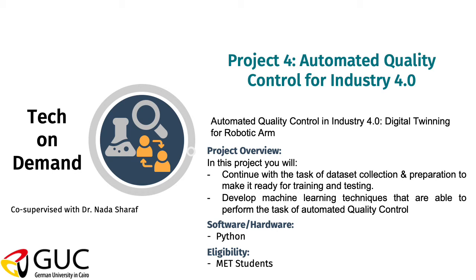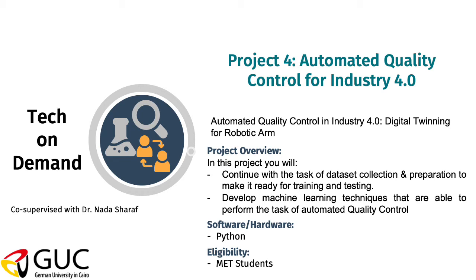It is able to fetch specific products moving on the conveyor belt and place them at different places, to detect which products have high quality so that they can be left, and which products have lower quality so that they can be removed.